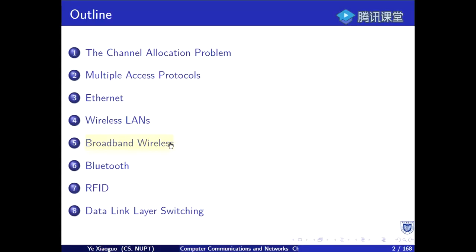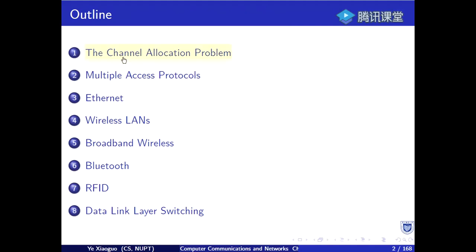This chapter has these knowledge points. Channel allocation problem, multiple access protocols, Ethernet, wireless LANs, broadband wireless, Bluetooth, RFID, and data link layer switching.